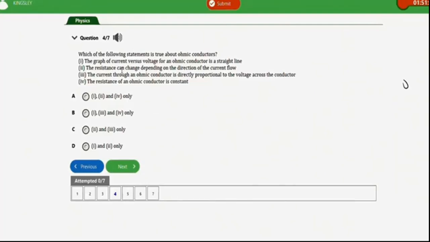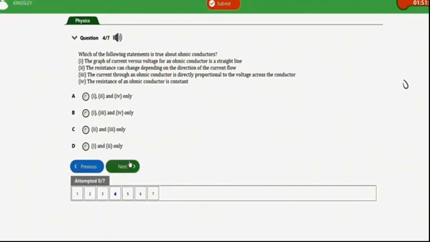So the correct option to this question is option B, I, III and IV. The exception here, the one that's not correct, is II, which is the resistance can change depending on the direction of the current flow. So this is false. The correct option to this question is option B. So I, III and IV are correct statements.